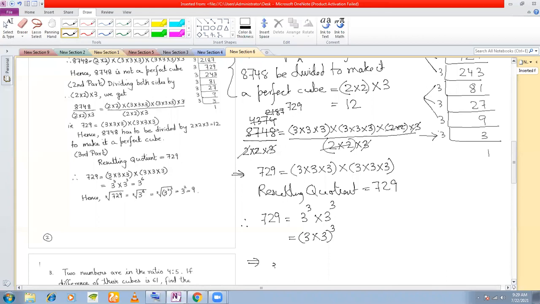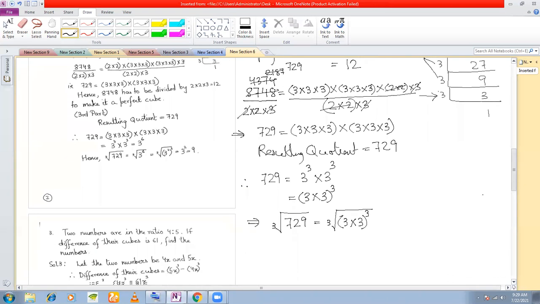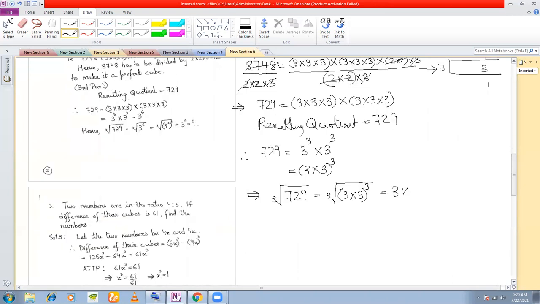So that means cube root of 729 is equal to cube root of this. That means it's equal to 3 into 3, which is equal to 9. And that's your answer. Cube root of the quotient, not resulting product, cube root of the quotient is equal to 9. Okay, that's it.